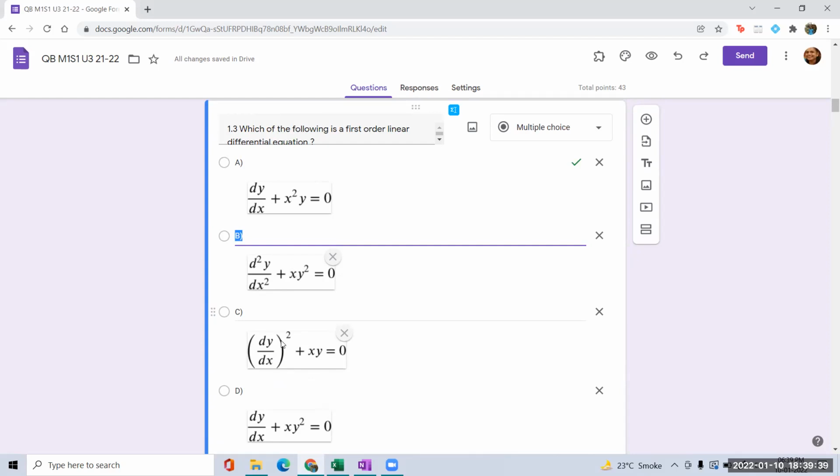In C, the degree is 2, so this cannot be linear. And in D, you have a term of y square, so this cannot be linear. That is why, for the very first equation, you don't have to go to B, C and D. When you look at answer 1, it is in the format of a linear differential equation. dy dx plus a function of x with y, and on the right hand side you have a function of x. So immediately you can tick the A answer.